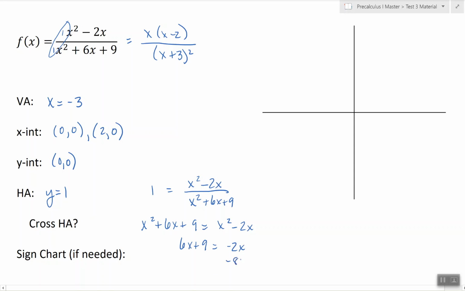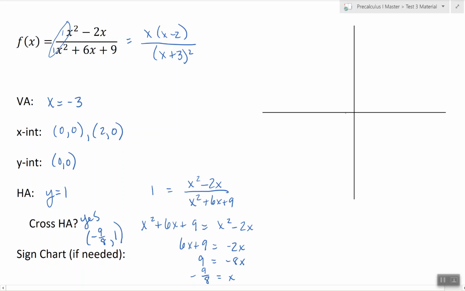That means -8x is 9, so x is -9/8. So yes, I'm crossing, and I'm crossing at -9/8 for the x when the y is 1.